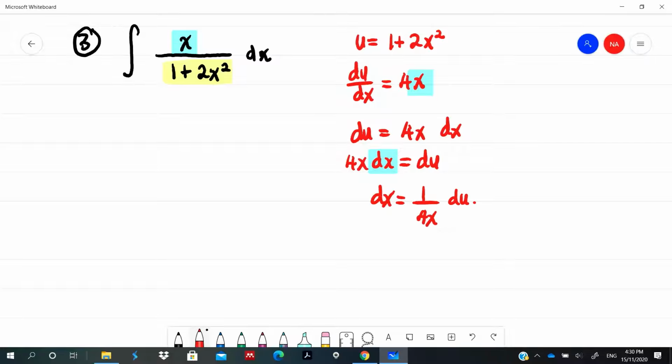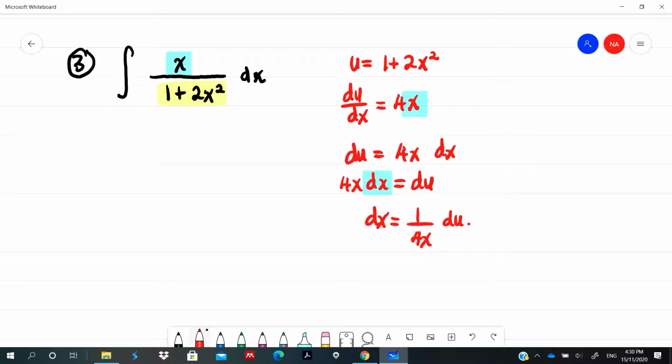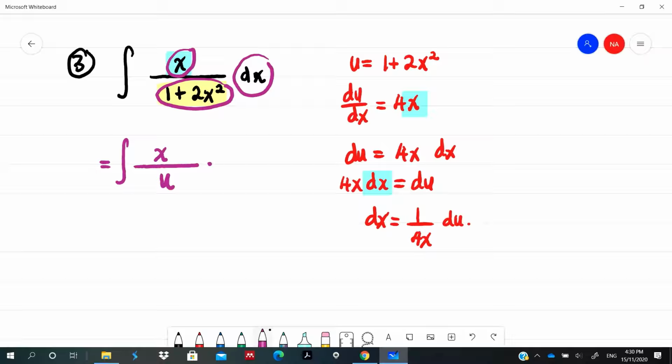Now I'm going to substitute into this. In the integration, this part we have not substituted with anything, but 1 plus 2x squared will become u, and then this dx must use this function. So we'll have 1 over 4x du.